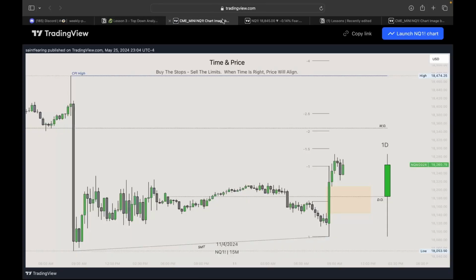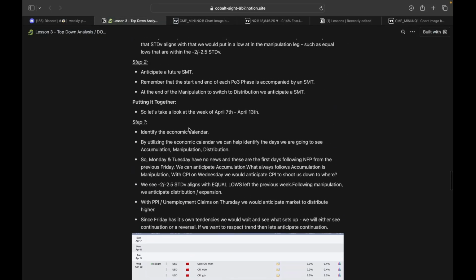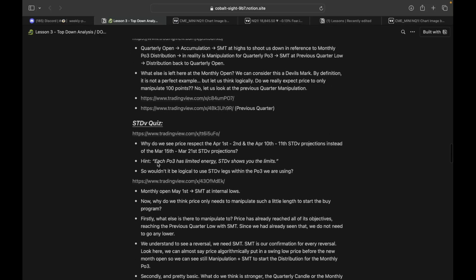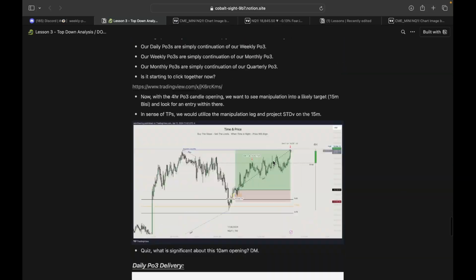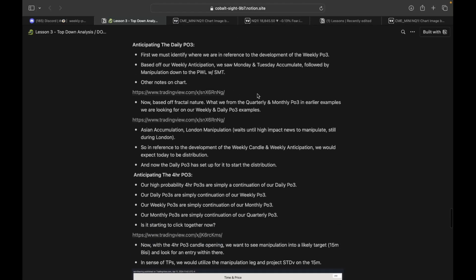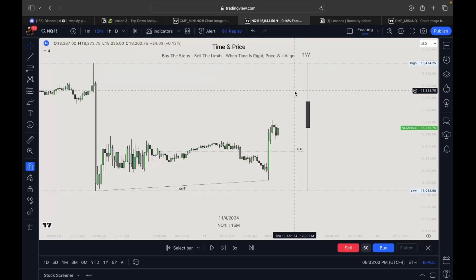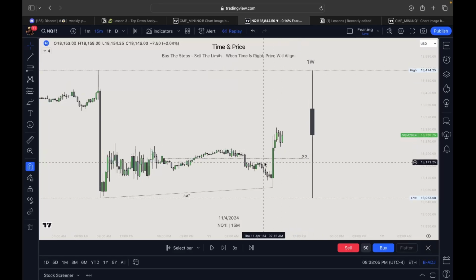Now, with standard deviation, what do we see here? So we understand, based off what I said earlier, each power 3 has limited energy. Standard deviation shows us the limits. With our daily power 3, we're usually looking at our 15-minute chart, especially for our distribution days.